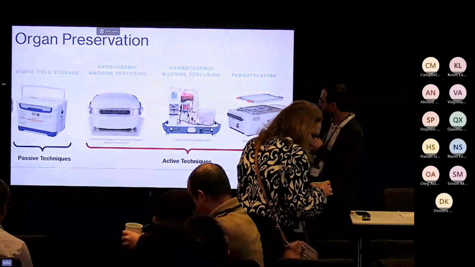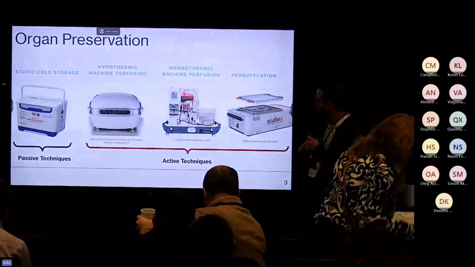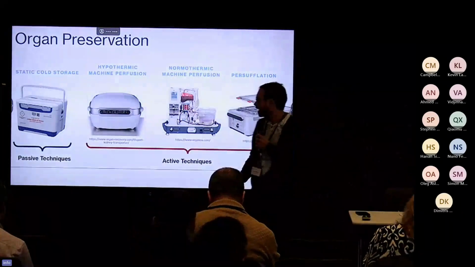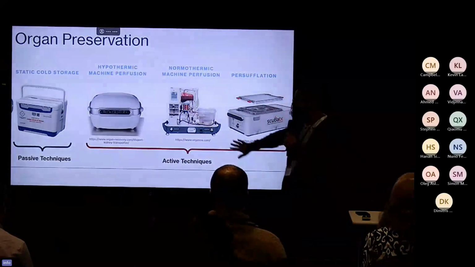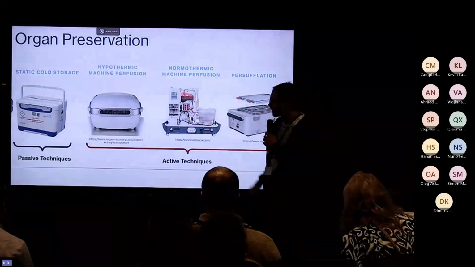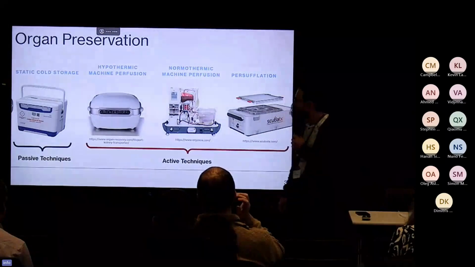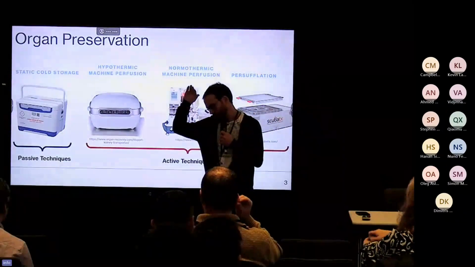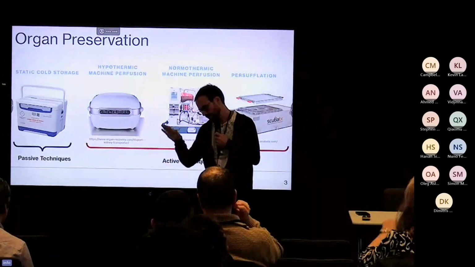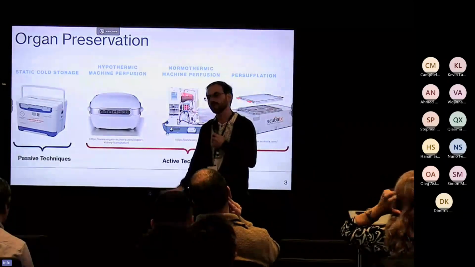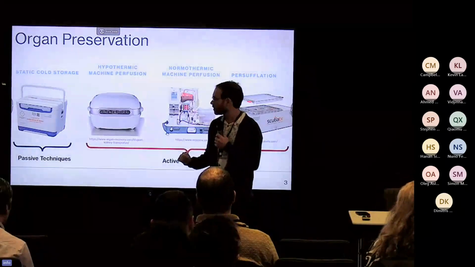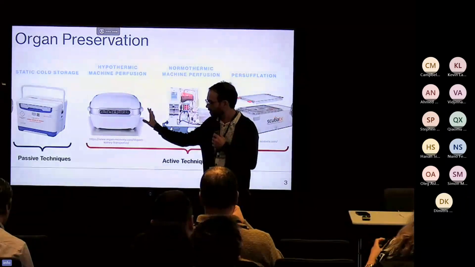And then you have active techniques, with very fancy machines, from LifePort for kidney, all the way to the very complicated OrganOx machine for liver. They can be cold preservation, whereby you put the metabolism down as much as possible and keep the organ happy, breathing, as it were, without metabolic processing.